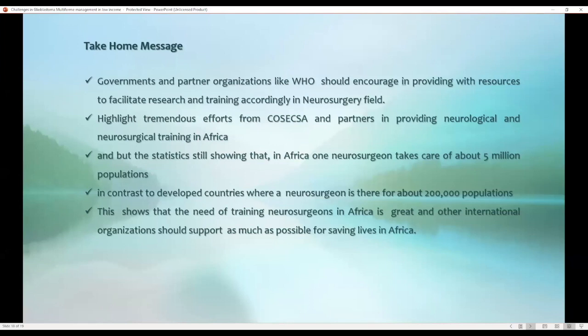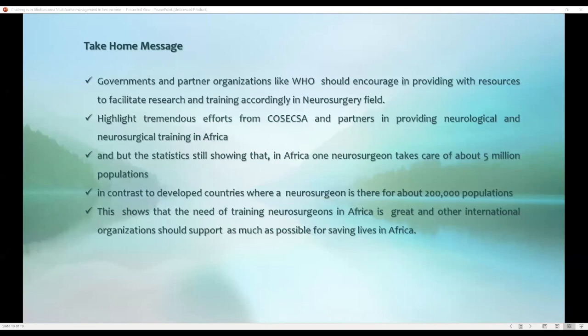As a take-home message, we want to recall to our governments, especially in Africa, and partner organizations like WHO, that they should encourage providing resources to facilitate research and training in the neurosurgery field.